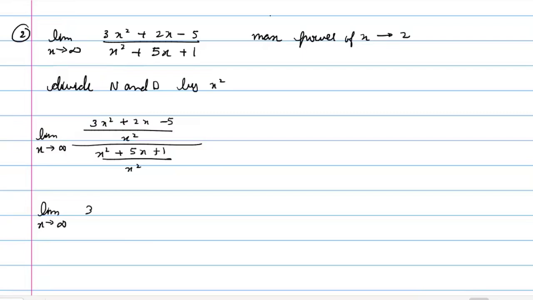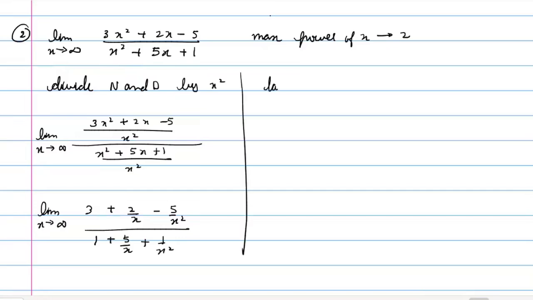So this will be 3 plus 2 upon x minus 5 upon x squared, over 1 plus 5 upon x plus 1 upon x squared. So when we take the limit, you get 3 plus 0 minus 0 over 1 plus 0 plus 0. Answer is 3.